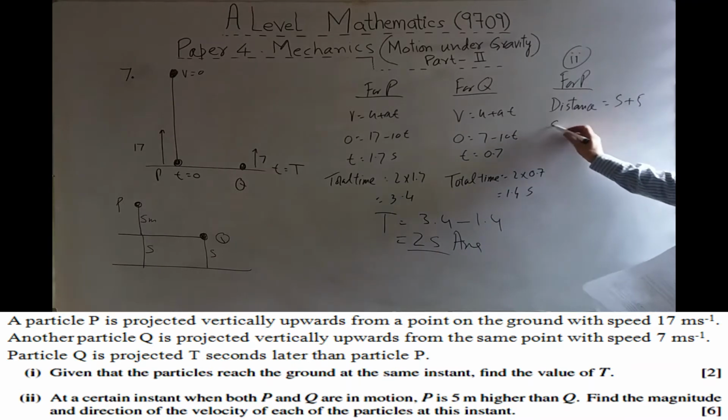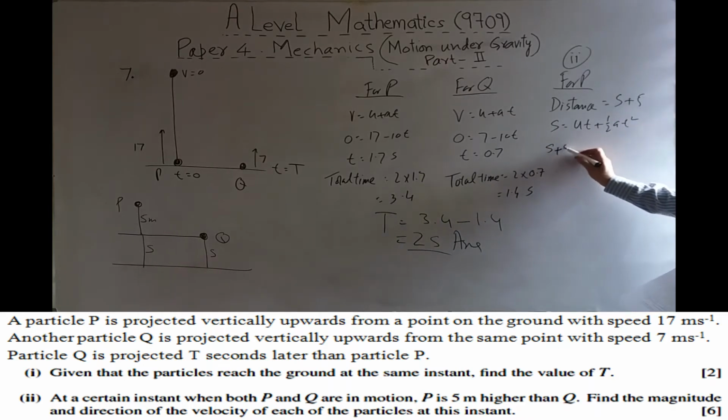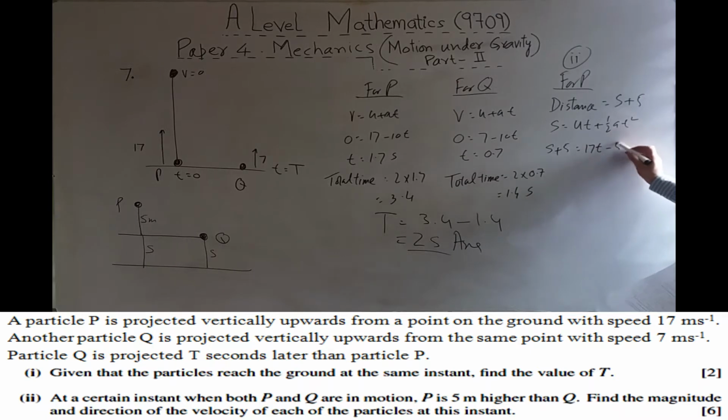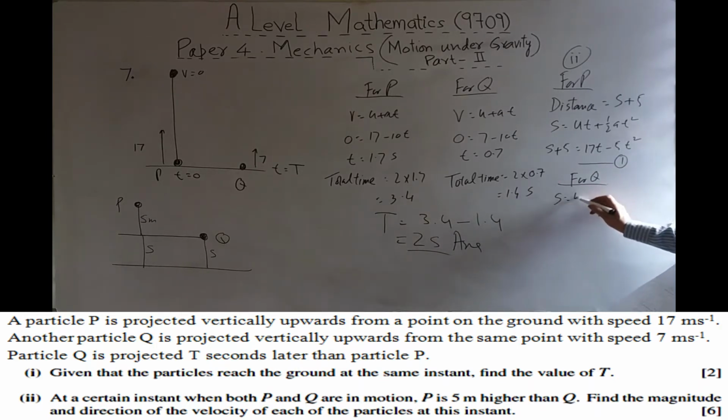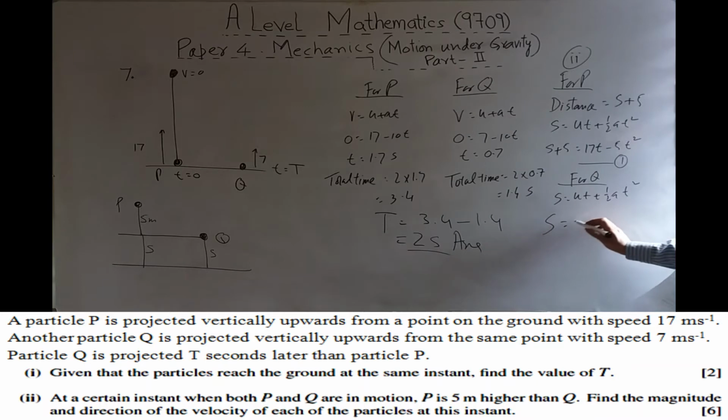So using the equation of motion s equals ut plus half at square for upward motion, distance is S plus 5, initial velocity is 17, so S plus 5 equals 17t minus 5t square. This is equation number 1. Similarly for Q, s is equal to ut plus half at square; putting the values, for Q the distance is S, so it is 7t minus 5t square. This is equation number 2.